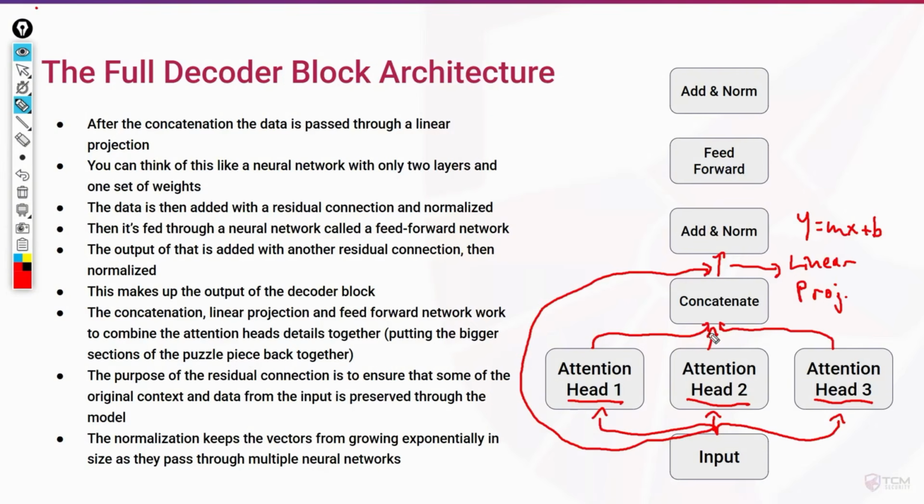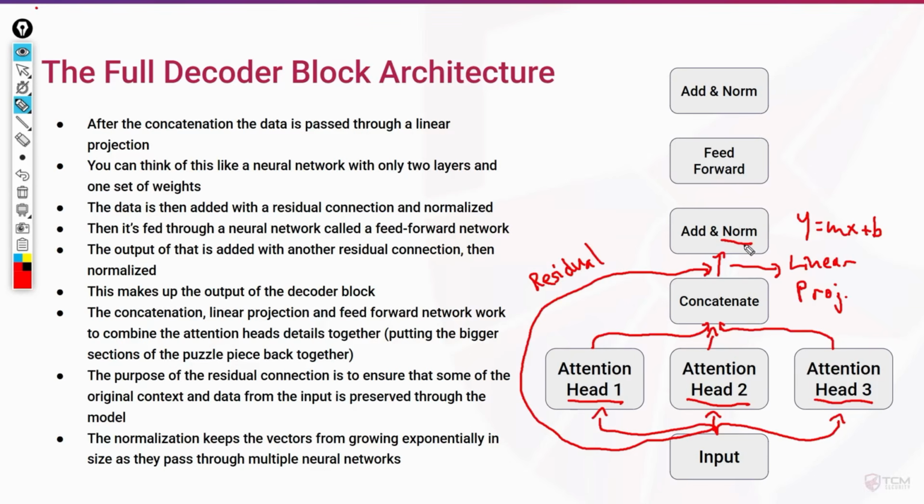The reason we do this residual input, so I'll write here residual, is that it allows some of the inputs to still be captured and always passed forward without the context. So we don't entirely lose the previous context. And then we do this normalization. We've talked a bunch about normalization without going too deep into the math.